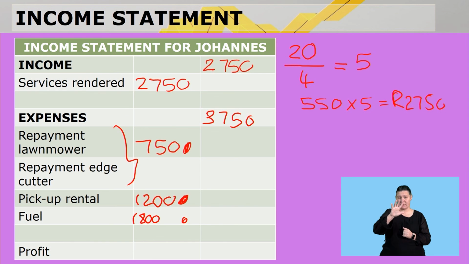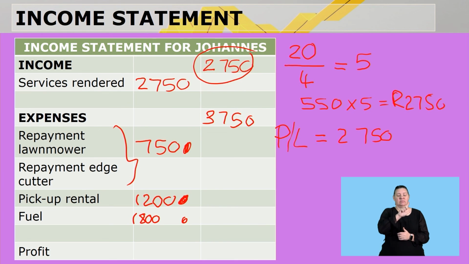Look at the income. The income is 2,750 and the expenses 3,750. So if it's a profit or a loss, we need to calculate it. Profit or loss equals my income, 2,750 there, minus 3,750, and that will give you a negative answer because the income is smaller, and you'll see it's by 1,000 Rand.